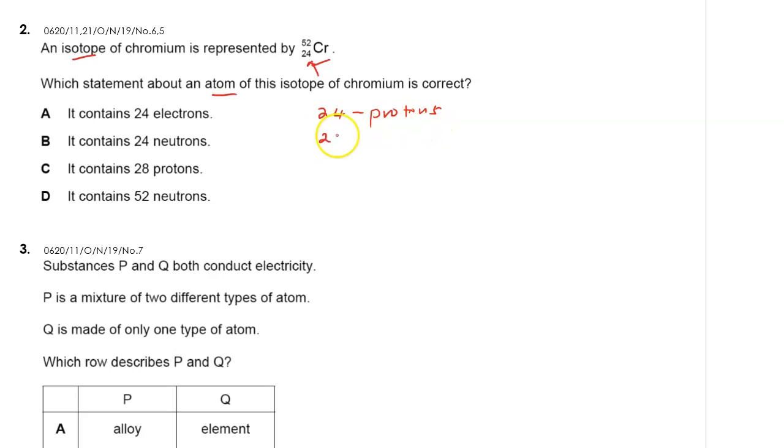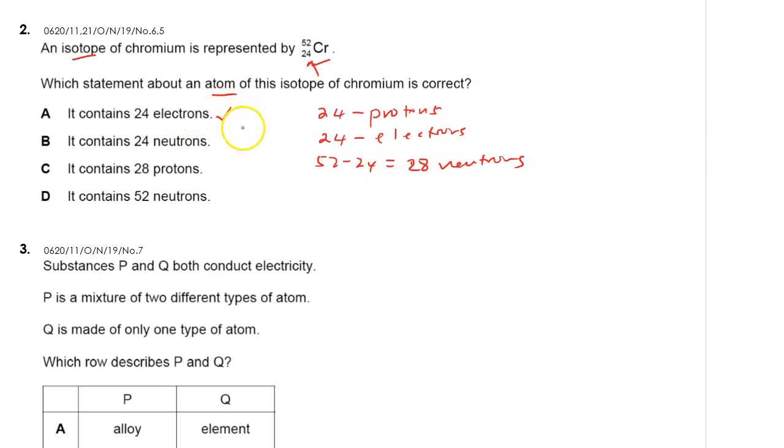So likewise, it has got 24 electrons. And of course, 52 minus 24 will give us 28 neutrons. So then, of course, it contains 24 electrons.